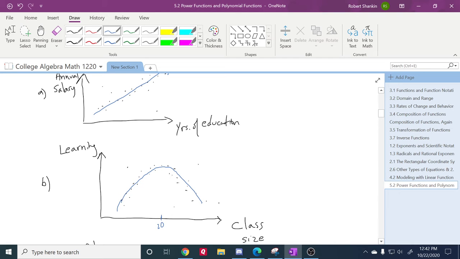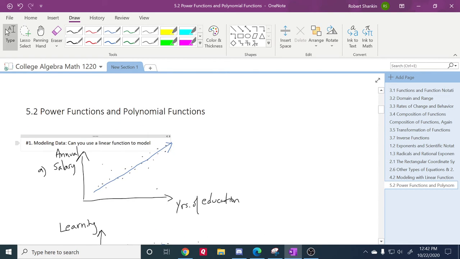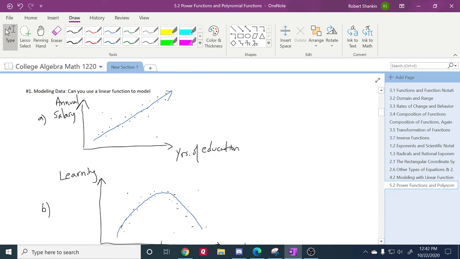So that might be something that's curved, in which case, if all you had was a straight line function, could you use a linear function to model it? Well, the answer is yes over here, and the answer is no over here. You can't model this with a straight line.